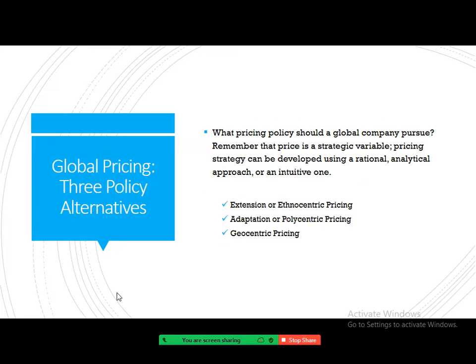Next are three policy alternatives for global pricing. So, what pricing policy should a global company pursue? Remember that price is a strategic variable, and pricing strategy can develop using a rational analytical approach or an intuitive one.